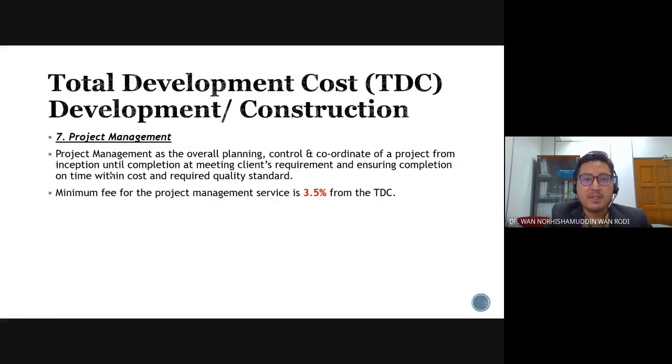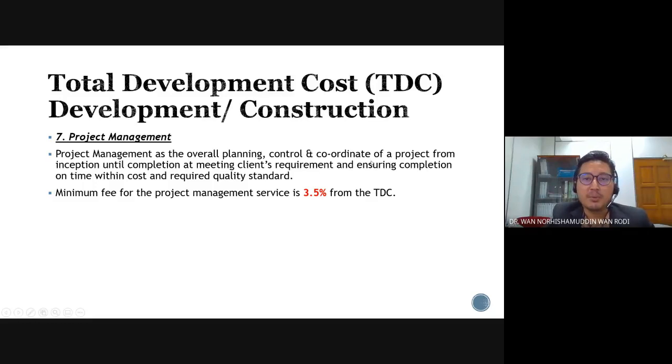Okay, number 7. Of course, we need to employ project managers for the developer's project. Among the tasks involved within project management is the overall planning. They need to conduct the planning of the project, and then they have to control and coordinate the project from inception until completion.